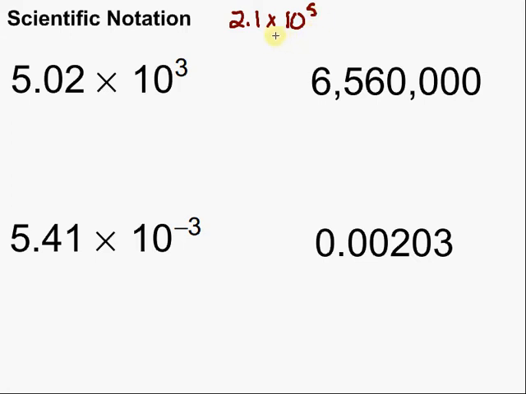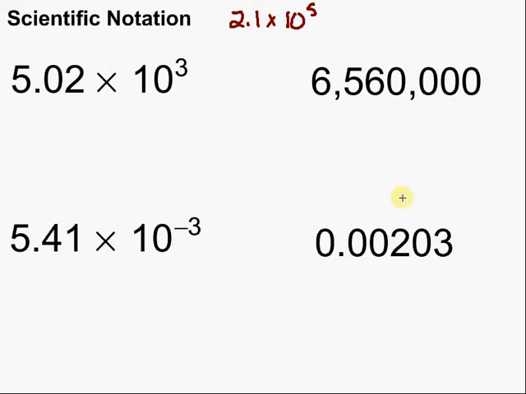The key pieces are, here we have times 10 to some power, and right here we're going to have one non-zero digit to the left of the decimal. In other words, this number right here needs to be equal to 1 or greater than 1 but less than 10. So that's that same idea of one non-zero digit here.